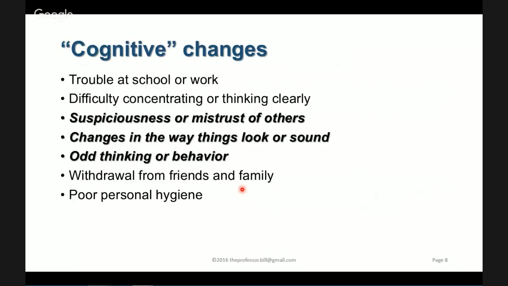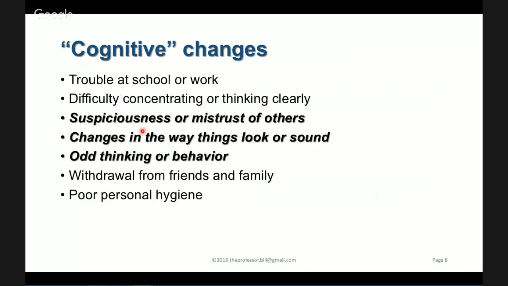So again, some of these cognitive changes that occur are the ones that precede the positive symptoms that I'll get to in a moment. Some of the cognitive changes might just simply be having problems at school. You had a student who has been doing really well, and then suddenly at school they aren't doing as well, or they might be having difficulties while they're sitting in class, not being able to concentrate, not being able to really follow what the person at the front is saying, and they're having some issues in terms of their cognition.